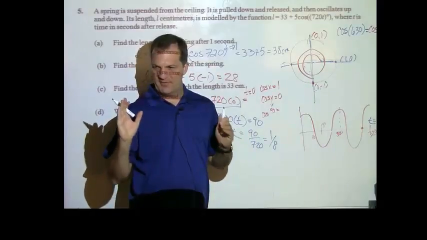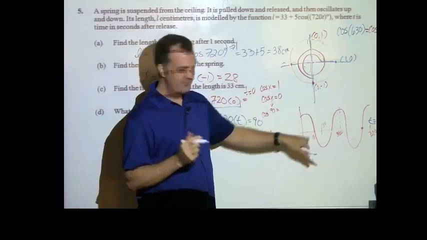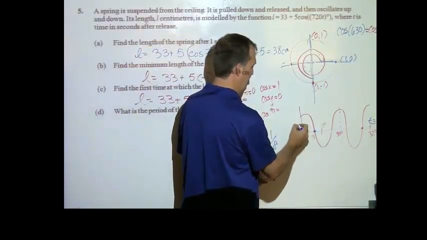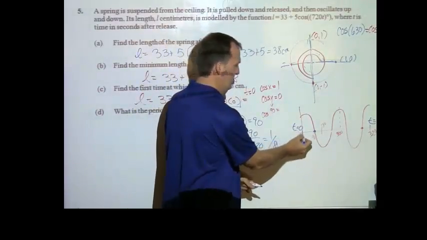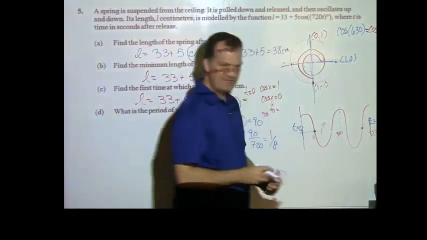When was the first time it was at 0? It was over here. t equals 0 is right here, and t equals 1 is at 720.